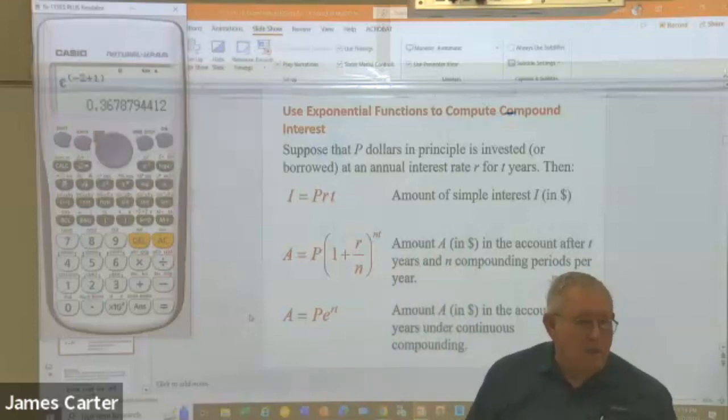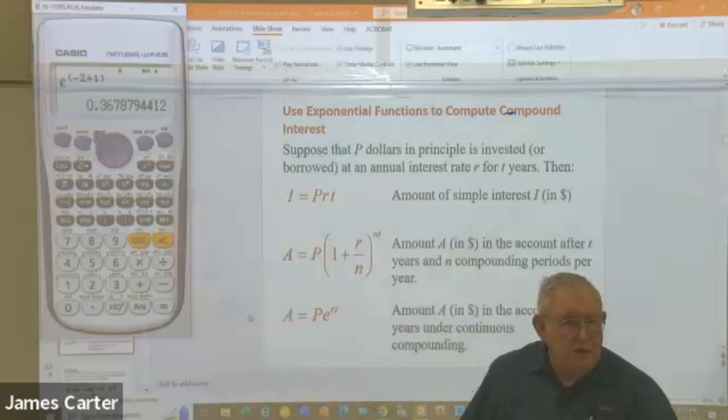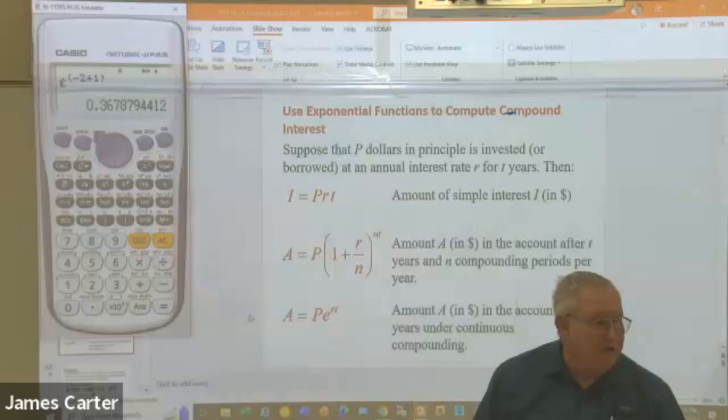Now, a mistake that some students have made is they put in 365. The N is 365 for days in a year. That would be considered daily interest. Daily compounding would be 365 times a year.